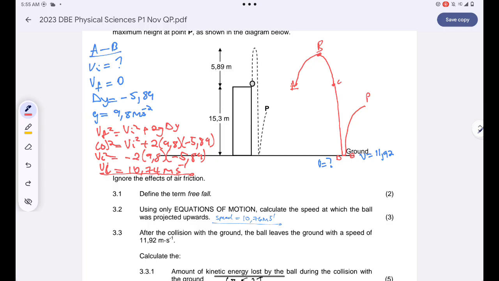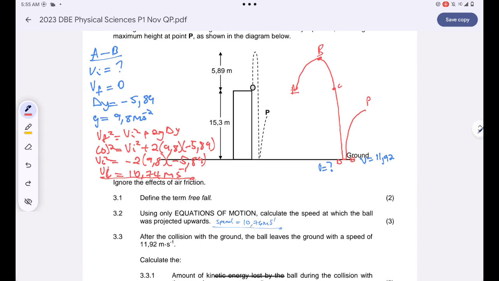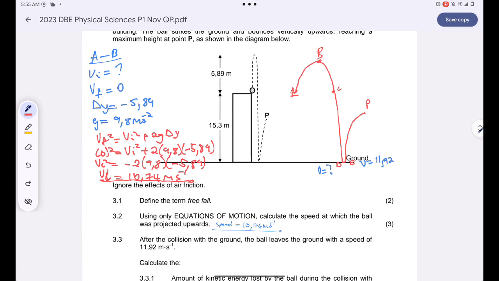Okay, and then now we are told that after the collision with the ground, the ball leaves the ground at a speed of 11.92. We must calculate the amount of kinetic energy lost by the ball during the collision with the ground. For us to do that, we must obviously find the velocity at point D, right?